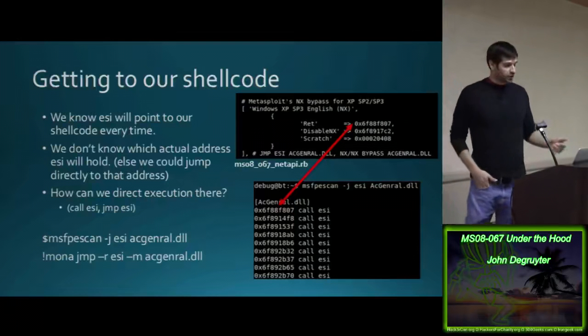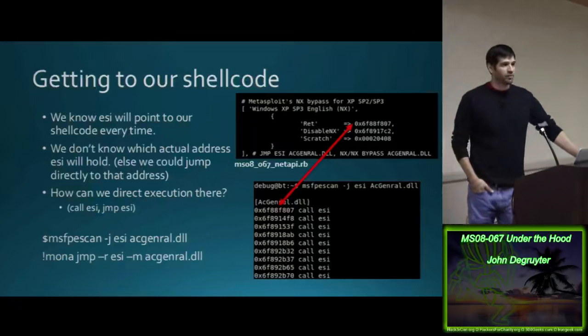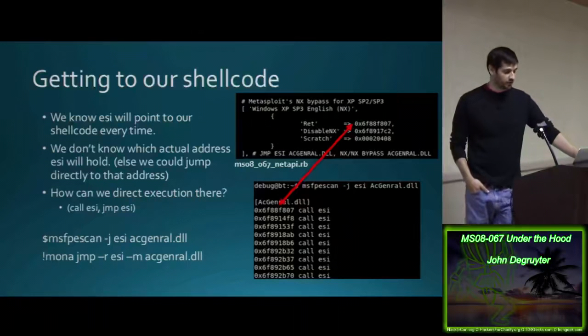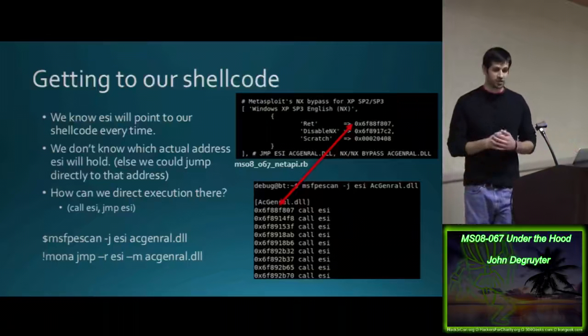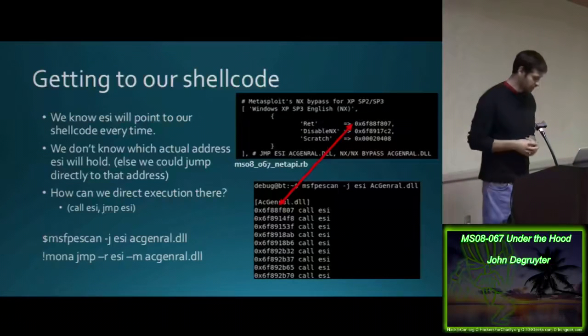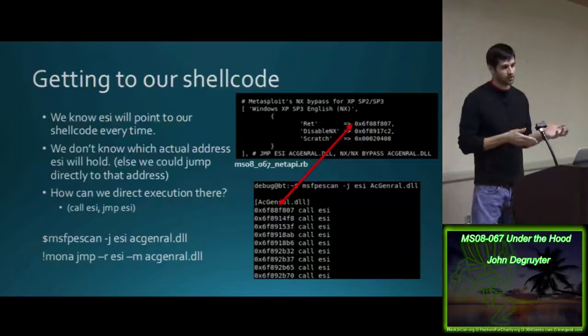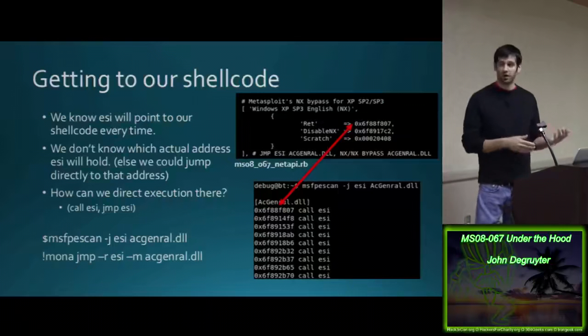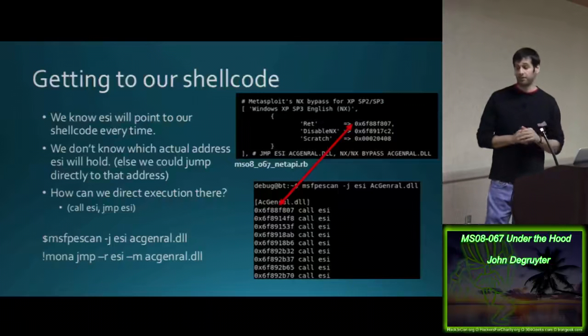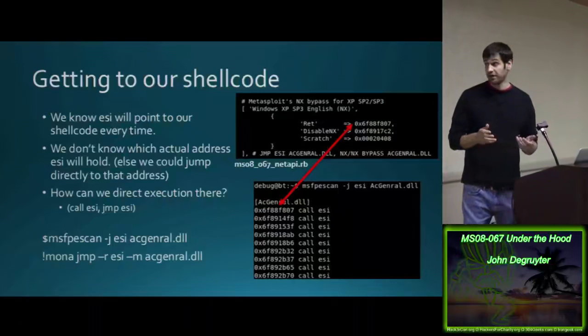You can also do this with a tool called Mona. Mona is a Python plugin for Immunity Debugger. It's a great tool, and it's really good for finding jumps as well. It'll give you some more information, such as whether or not ASLR is turned on, or other helpful information like that.